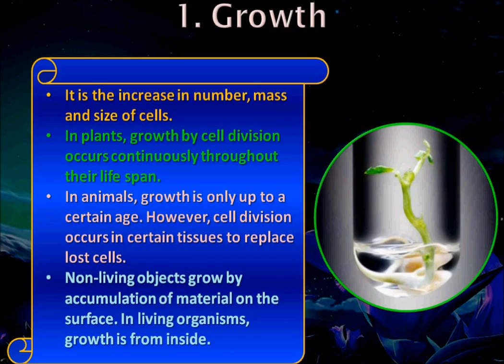So growth is actually having two things in common: increase in number of cells and increase in mass of cells. So as you can see here, non-living objects can be seen growing, but that is only the accumulation of material on the surface. But in living organisms, growth is from inside.